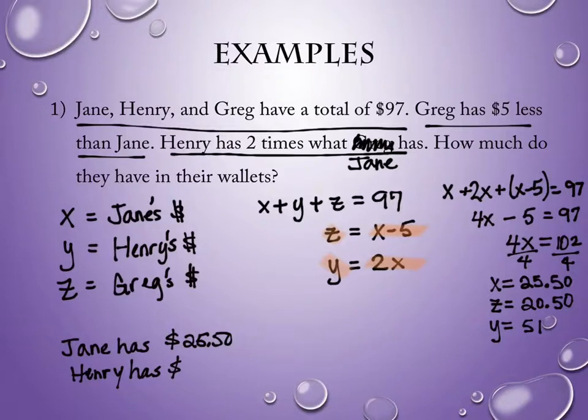Careful. Henry's y. He has $51. And then who's my last person? Greg. Yeah, Greg has $20.50. Is it good? Okay, awesome.